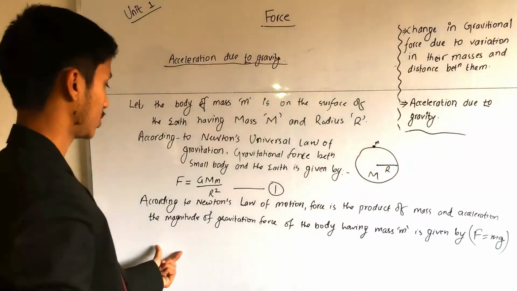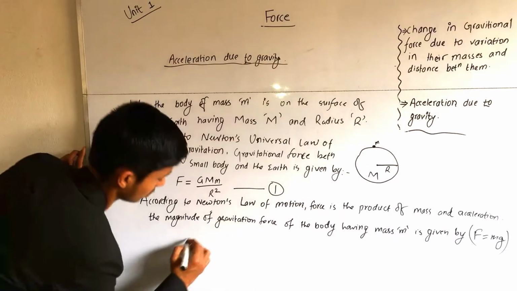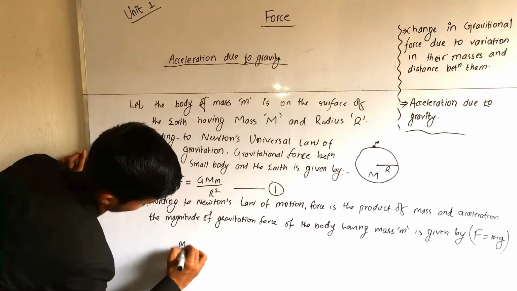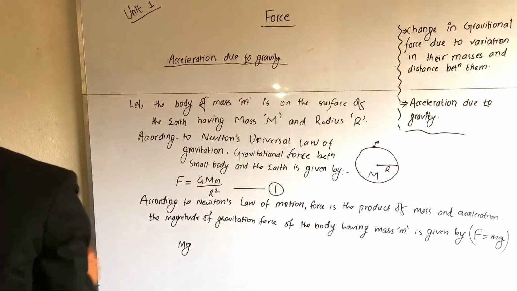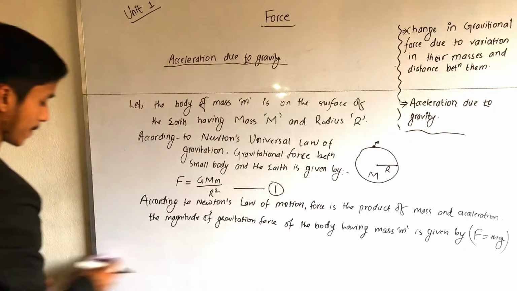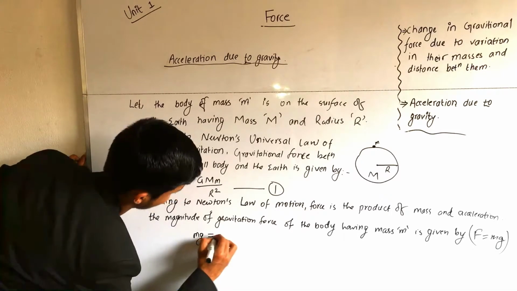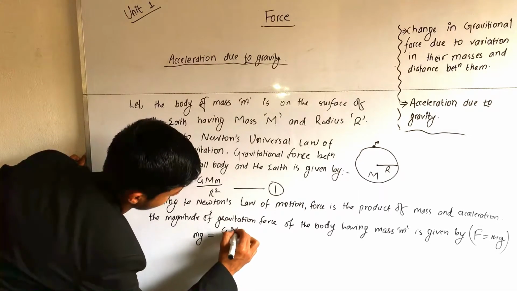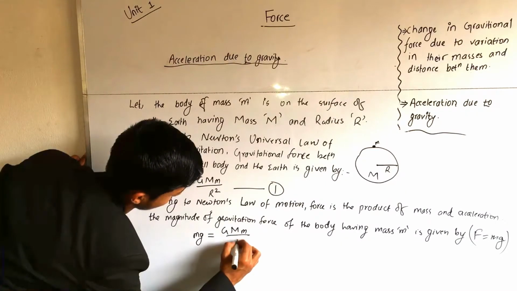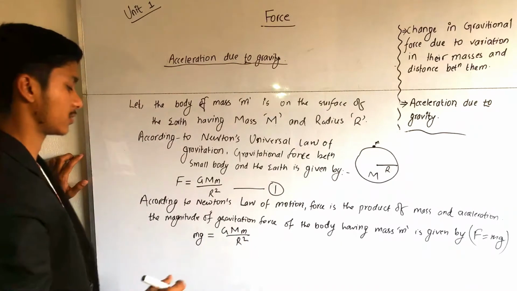So we know here that small mg is equal to capital G capital M small m by capital R squared.